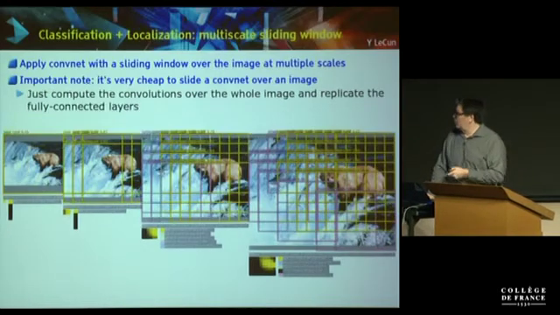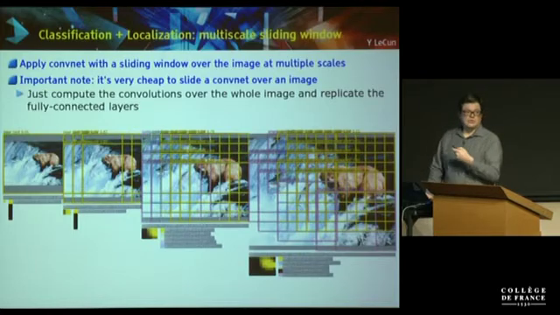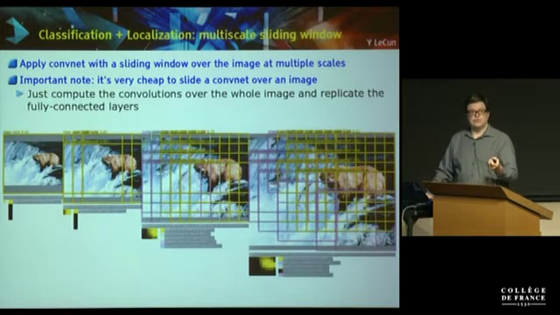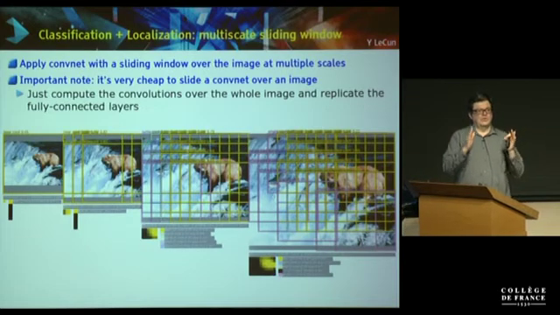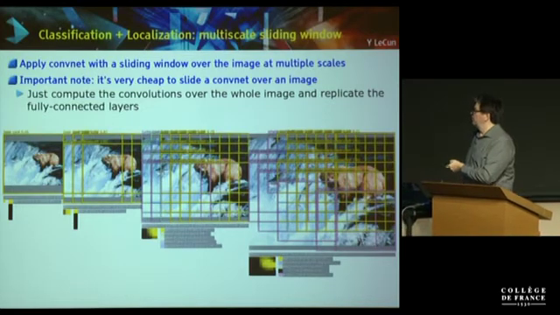But there's another idea that consists in quite simply adding 4 outputs to the network. The 4 outputs predict the position of the box with the object inside the window.